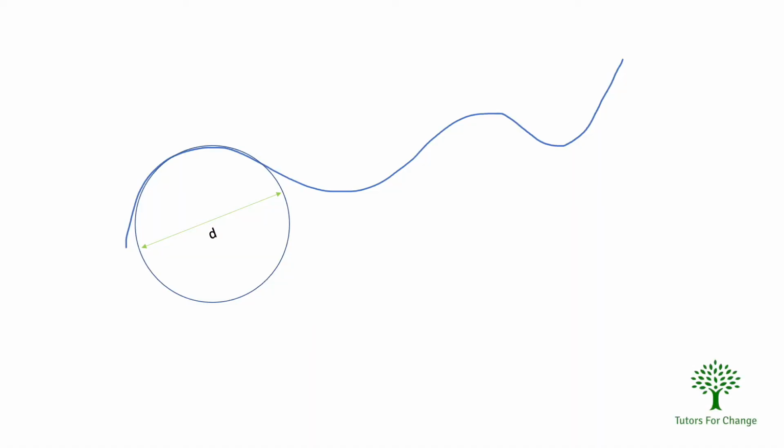If we take a look at a meandering river, then we notice that the curves of this river can be approximated by circles. This circle shown over here has a diameter of d. So, as we saw previously, its circumference must be pi times its diameter. Dividing both sides of this equation by the diameter, we get that c over d must be pi.